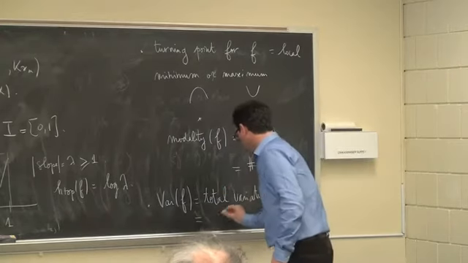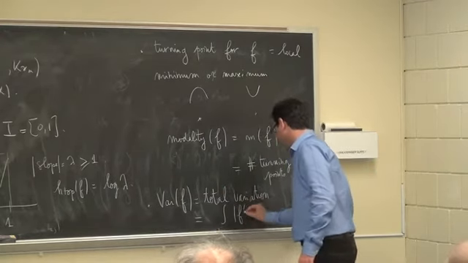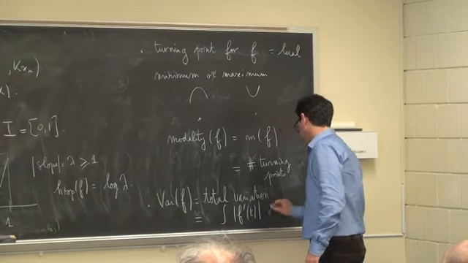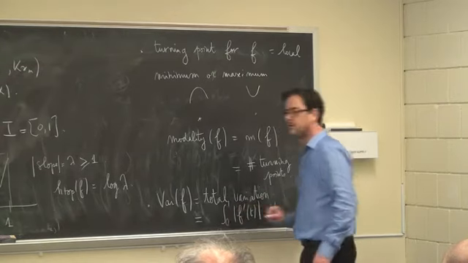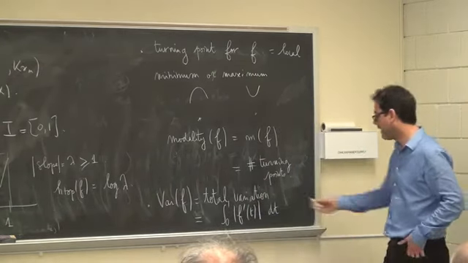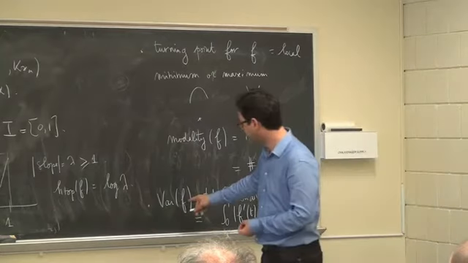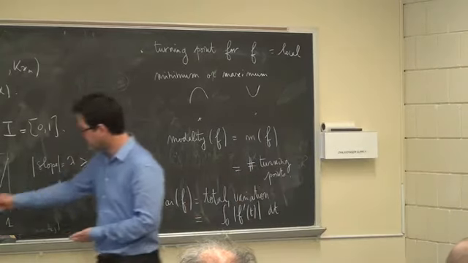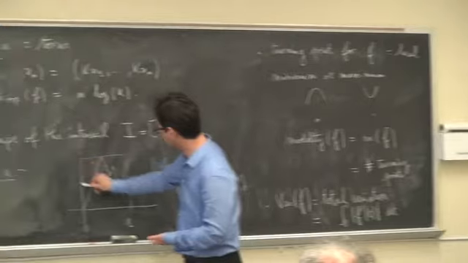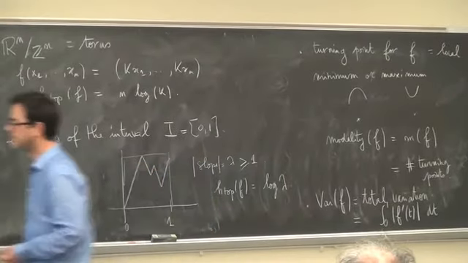So it's the integral of the absolute value of the derivative. So it's the length of the path given by f. Okay, so here is our first result.